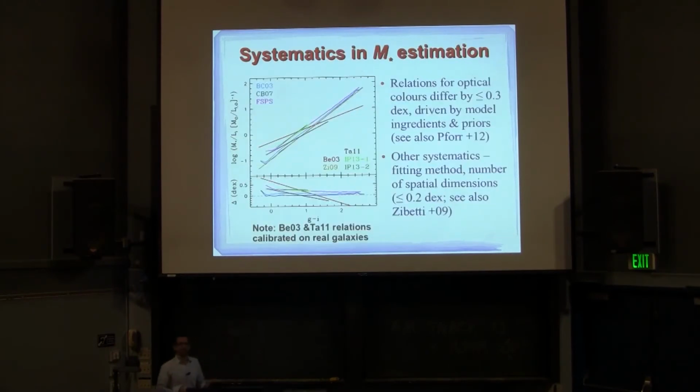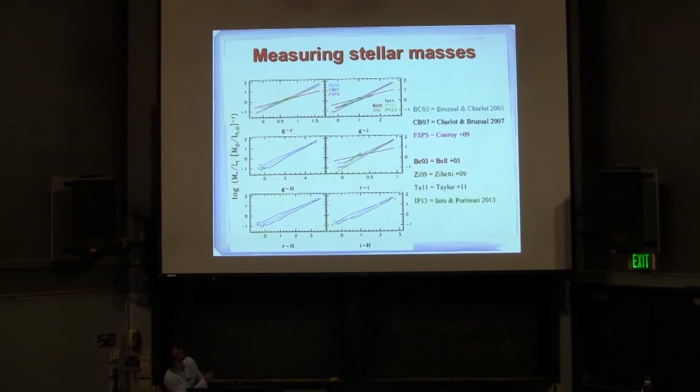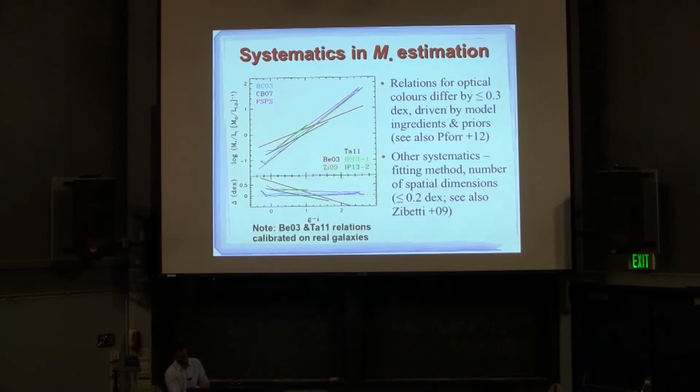So this raises the issue of what are the systematics in measuring stellar mass for galaxies. And here, this is just a blow-up of the top right panel from this figure. So what we're looking at again is mass to light ratio versus now G minus I color. And in the bottom panel, I show the difference between the various lines in the top panel measured with respect to the calibration from Zibetti 2009.